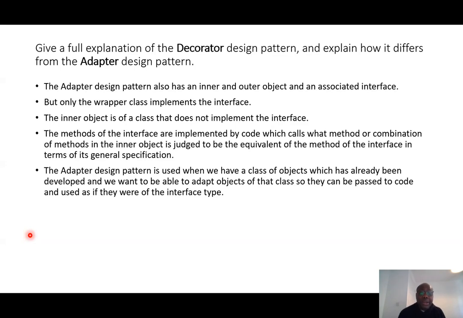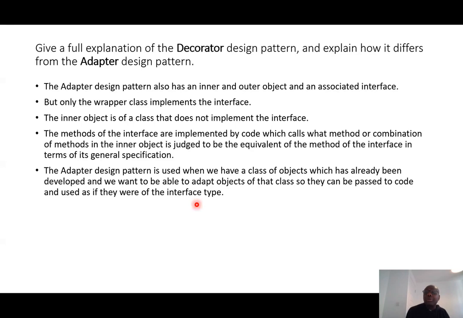The adapter design pattern is used when we have a class of objects which has already been developed, and we want to be able to adapt objects of that class so they can be passed to code and used as if they were of the interface type, but they were not.